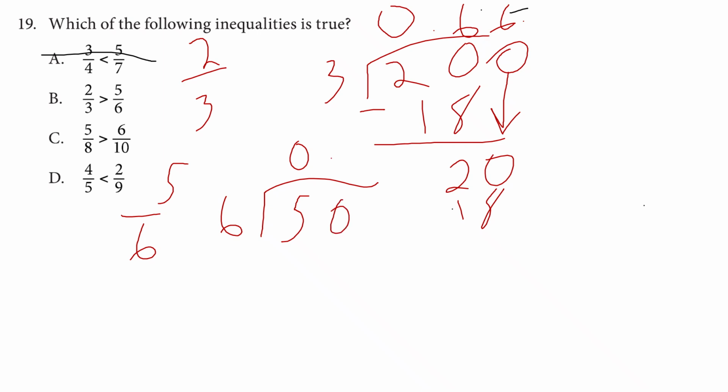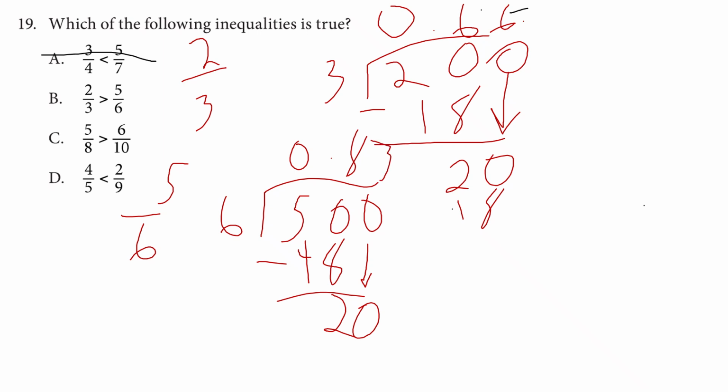Put our decimal point because that's the first 0 we had. 6 goes into 50 8 times. 8 times 6, 48. 50 minus 48 is 2. We always want to get at least 2 numbers after our decimal. 6 can't go into 2, so we can add another 0. Bring that 0 down. 6 goes into 20 3 times.